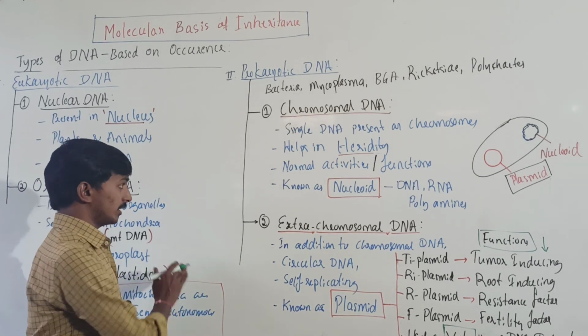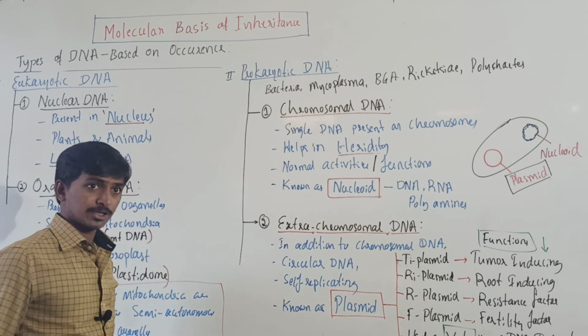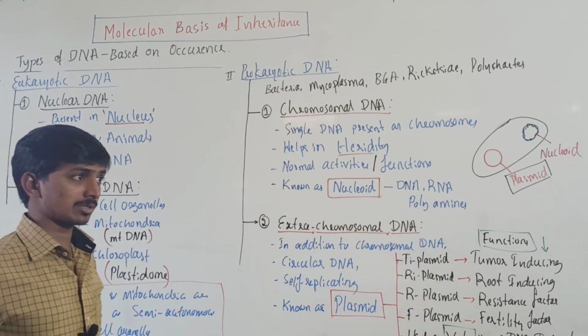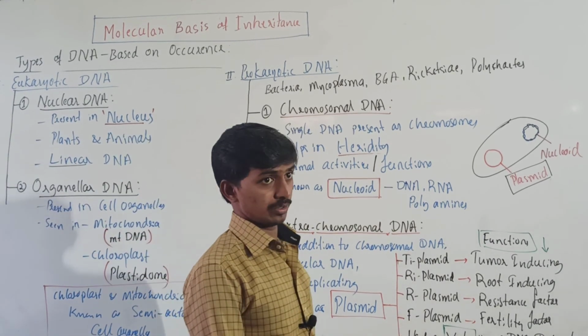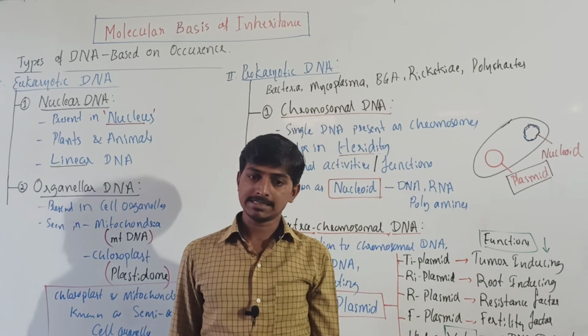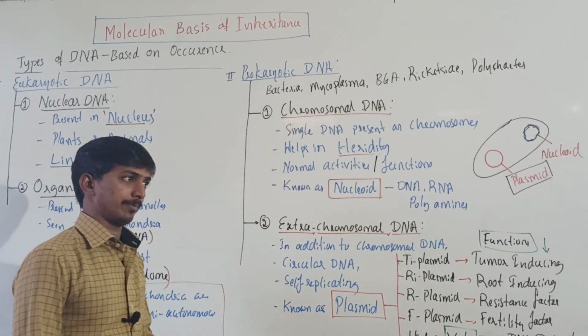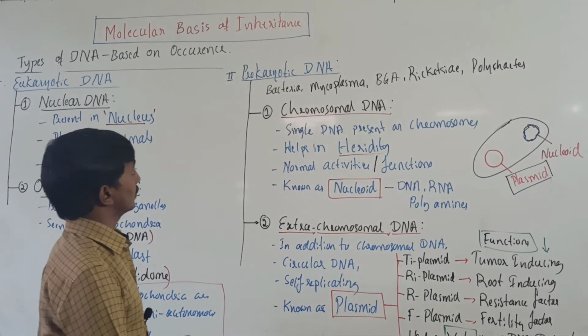Otherwise, the chromosomal DNA will be performing normal functions. But in cases of unfavorable situations like high temperature or low temperature or any other crisis, environmental variations, this DNA will help.